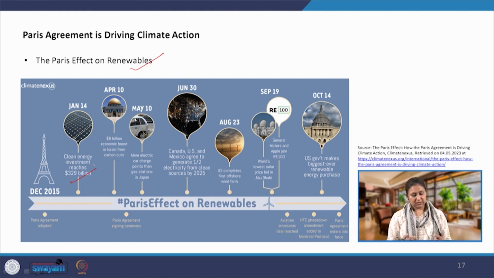Canada, the US and Mexico agree to generate half of the electricity from clean sources by 2025. So, this was adopted as a target. The US completes its first offshore wind farm. There is a lot of investment and push into renewable sources of energy: wind, solar, hydro, biofuels.